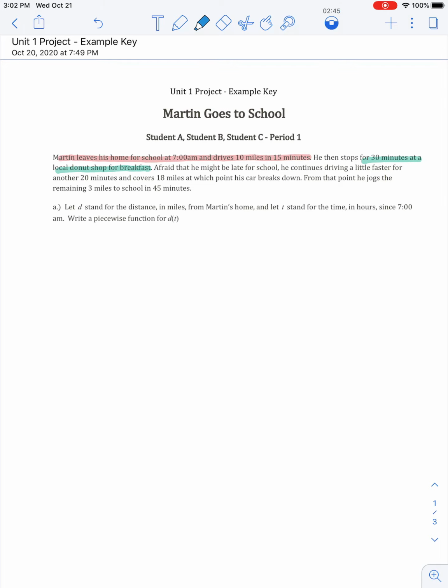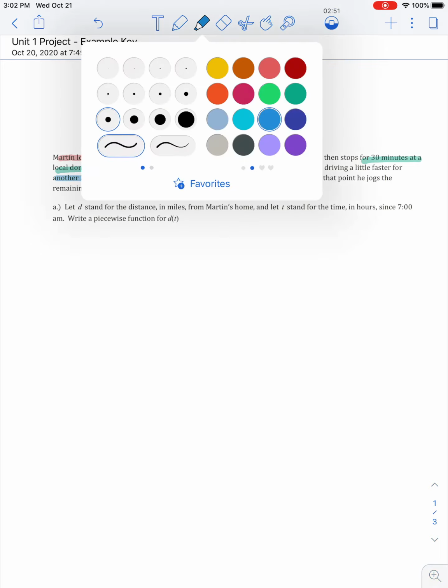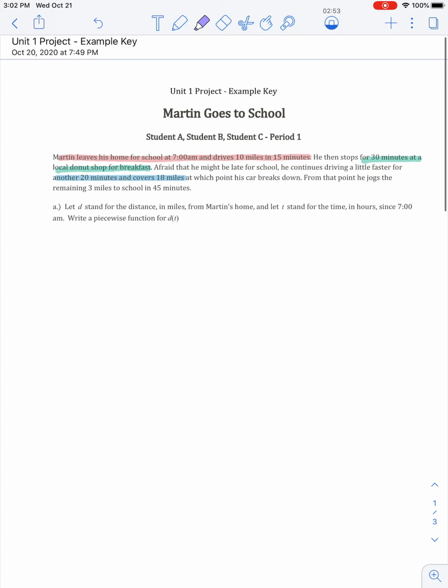He continues driving a little faster for another 20 minutes and covers 18 miles. Unfortunately, his car then breaks down and he has to jog the remaining 3 miles to school, and that takes him 45 minutes.